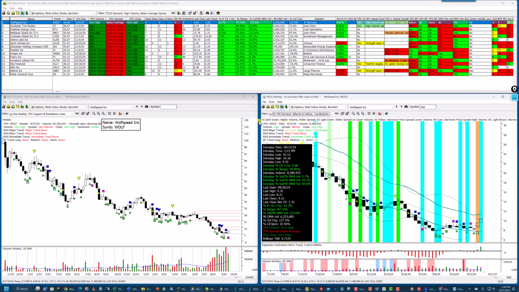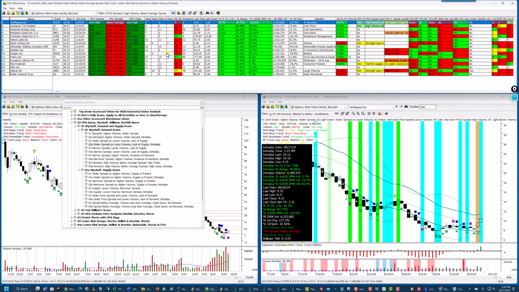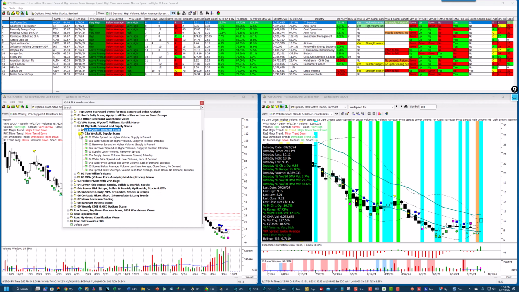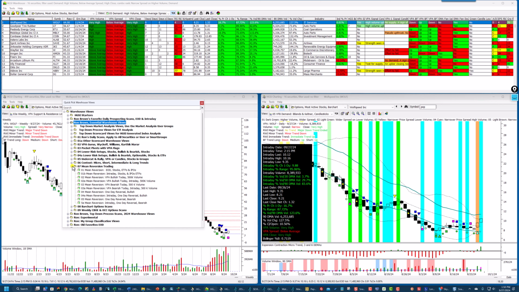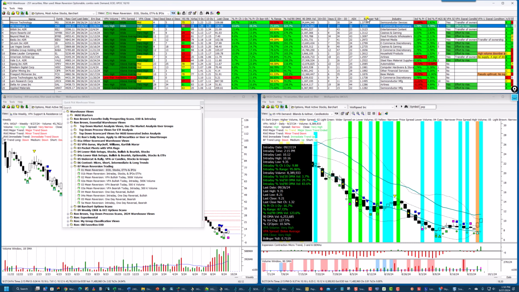Okay, since I've got this chart up here, what I'm going to do is leave the Wyckoff scans right now, and I'm in my essential warehouse views, and I'm going to go down to mean reversion trading. And I have different scans in here. This one brings everything in, and then you can just sort on %B.